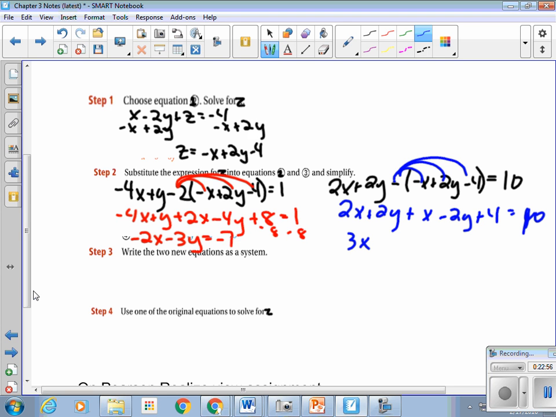I'm going to subtract 4 from both sides so that all my numbers are on the correct side. I actually get rid of my other variable. So I get negative 2x minus 3y equals negative 7. And I get x equals 2.